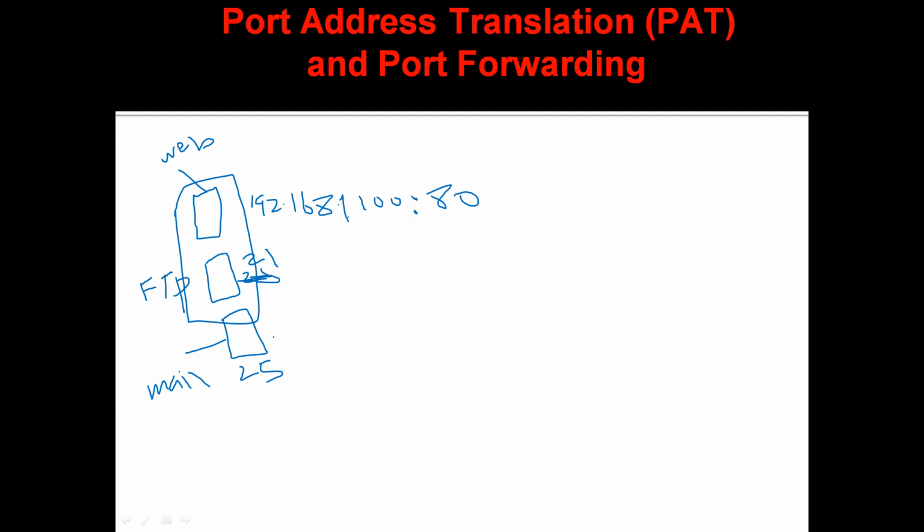The FTP server's IP address is 192.168.1.1, and the mail server is 192.168.1.254, right?